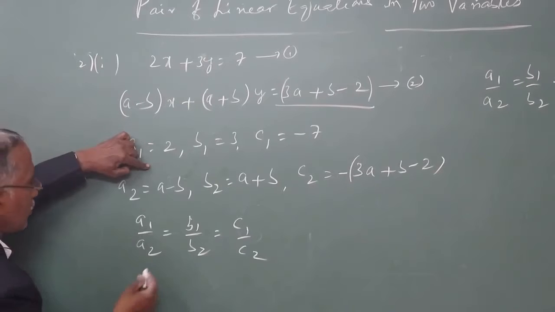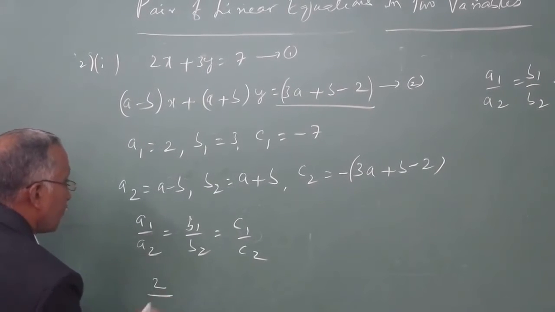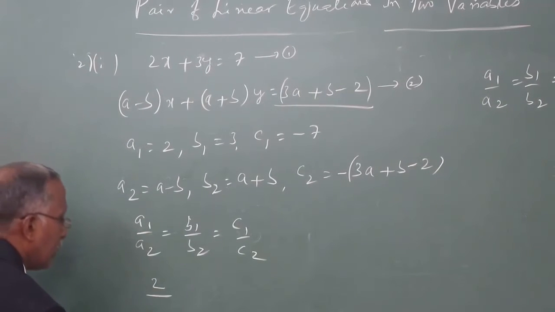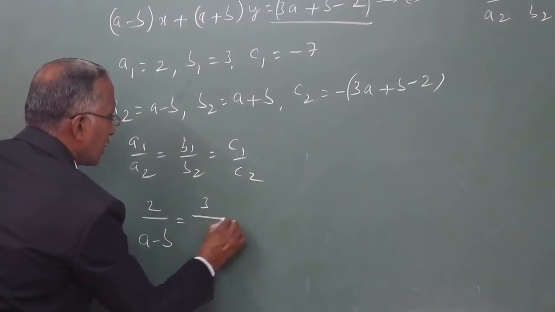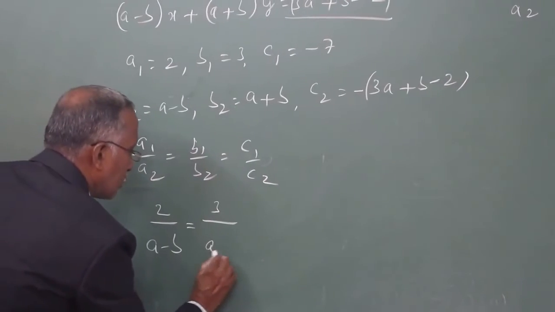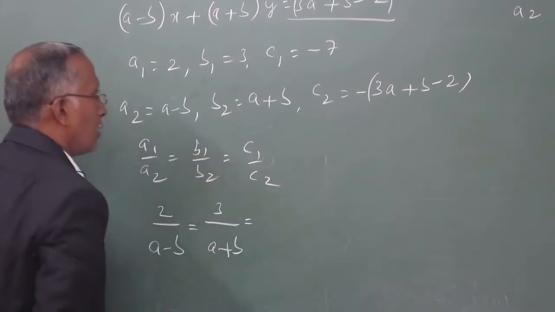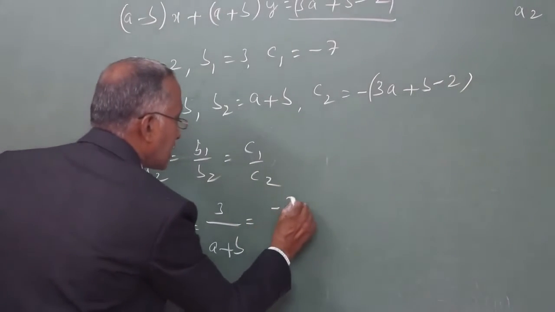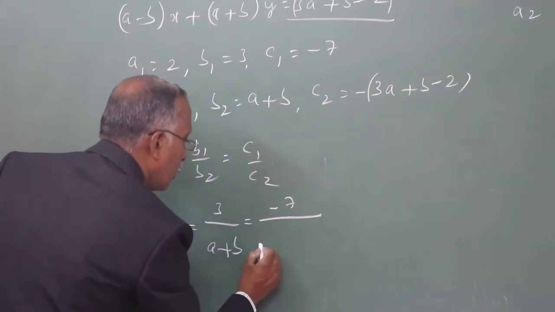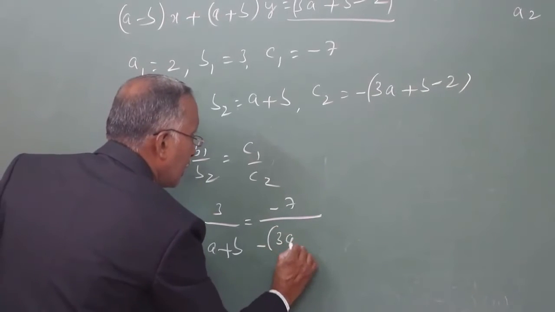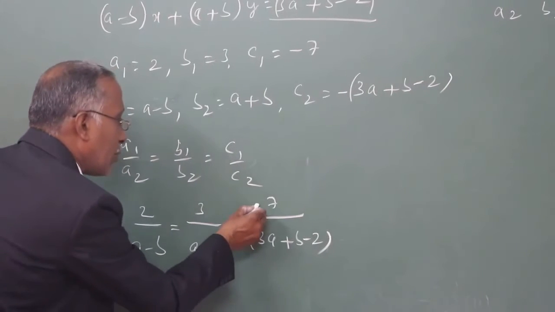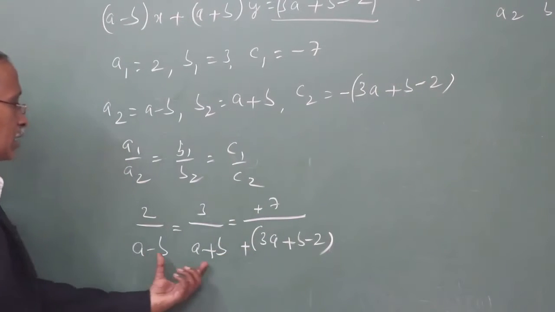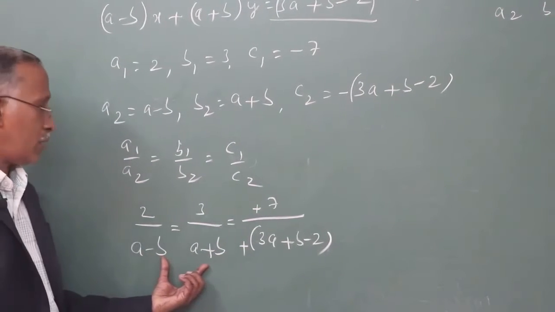Let us substitute the values. a1 is 2, a2 is a minus b, b1 is 3, b2 is a plus b, c1 is minus 7 by c2, minus of 3a plus b minus 2. Let us simplify minus and minus. Take these two equations, compare. What happens?